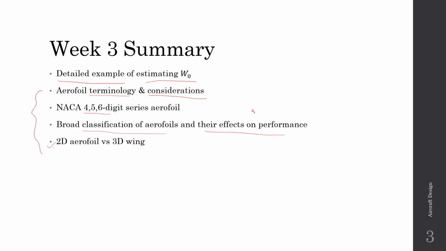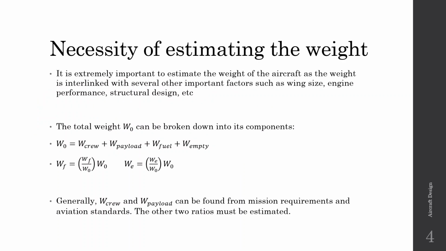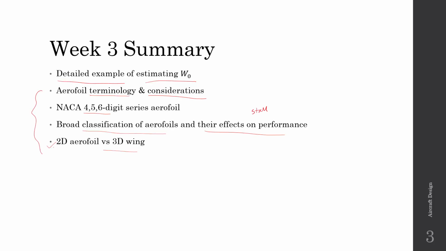And then he has discussed what things we have to change when we are going from a 2D aerofoil to a wing. So first, I am going to explain this example again, okay, in case anybody has any doubts, and then I will cover these topics in brief.